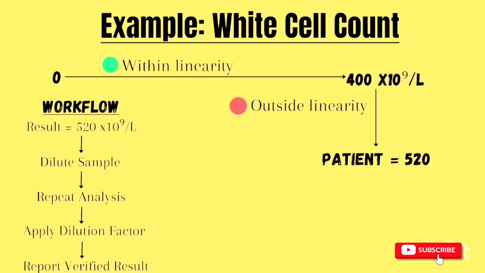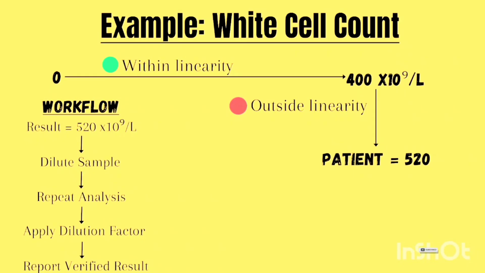That means the linearity, in other words, the comfort zone of the analyzer to give you a result, is 400 times 10 raised power 9 per liter. What it means is that if you get maybe 0, or if you get 2, that's not a problem. But once you start getting something like 500, 600, 1000, because it is now outside the linearity, are you getting me? The analyzer cannot give you a reliable result.